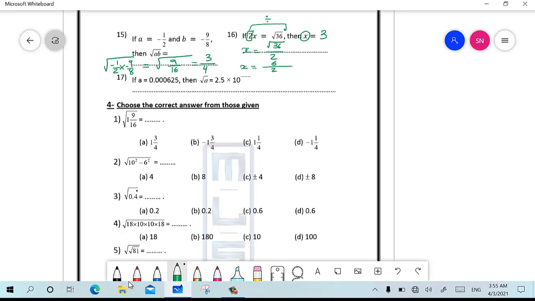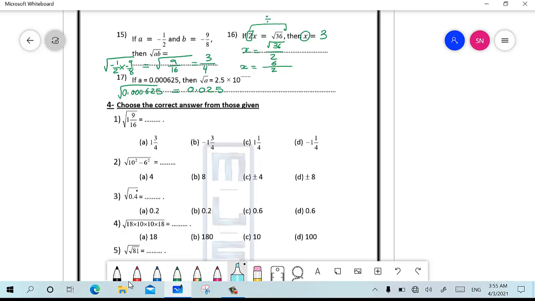And let's go now for number 17. If a is equal to 0.000625, then square root a equals, so I want to find the square root, take away the a and put the value he gives me, which is 0.000625. Okay, and this is going to equal the square root of this number. If I find it on my calculator, it is 0.025.